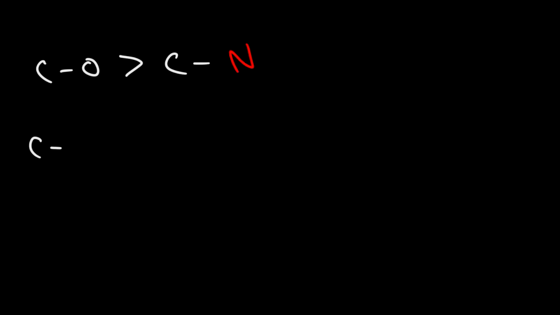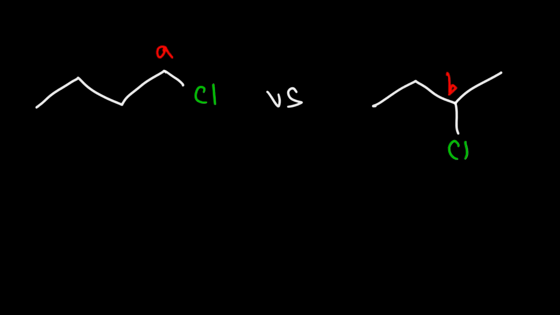And the CCl bond, or the carbon attached to the chlorine atom, typically has a higher chemical shift than a carbon that's attached to a bromine atom, and that usually has a higher chemical shift than a carbon atom attached to an iodine atom. So those are some things that you want to keep in mind.